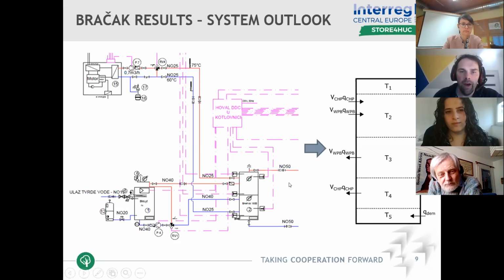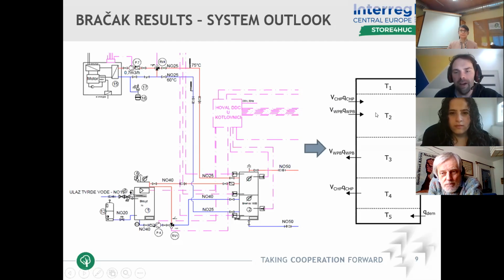And I won't be saying too much about how difficult it was to model it. But basically, when you have these flows going in and out, you might have different directions of water flowing inside the storage, and this complicates the model significantly. And you need to take it into account. It very much then determines how the heat is exchanged within the storage.